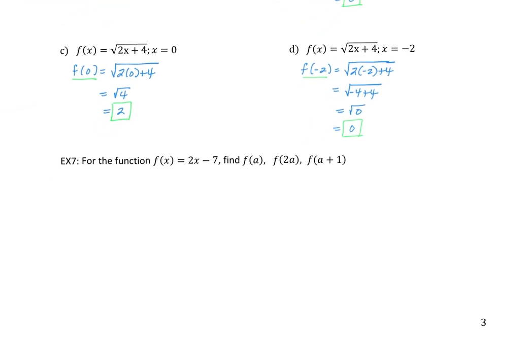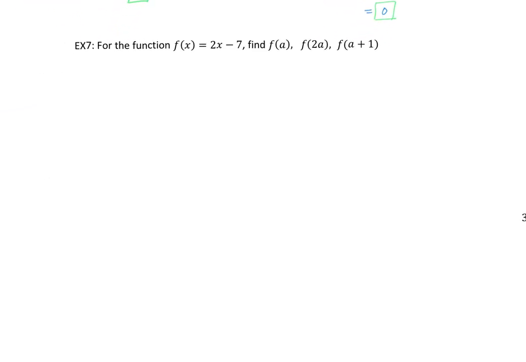We don't have to put in numbers though for x. Example 7. We have this function, f of x equal to 2x minus 7. And we want to find f of a, f of 2a, and f of a plus 1. So I already have my function. What is f of a?